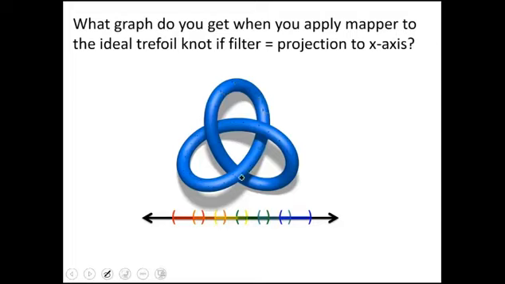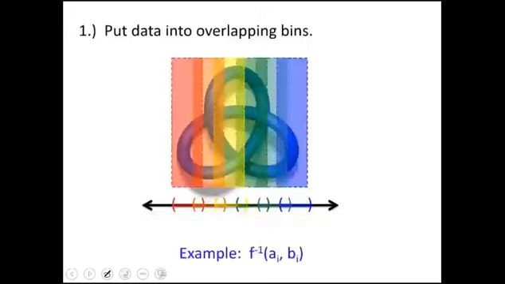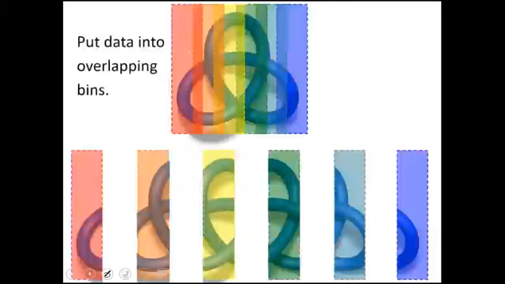We will use the filter function projection to the x-axis. This is not a typical filter function that's used, but it is good for illustrating examples. So thus we can take our projection to the x-axis, cover the real line with overlapping intervals, take pre-images of those overlapping intervals to create bins, overlapping bins of our data.